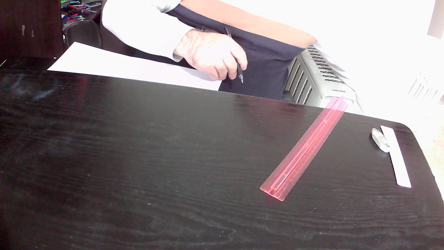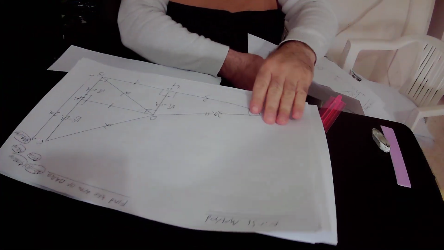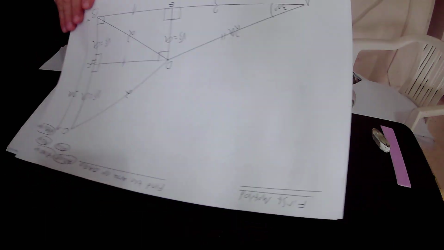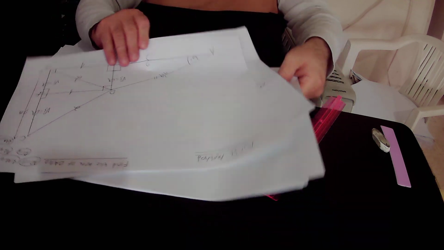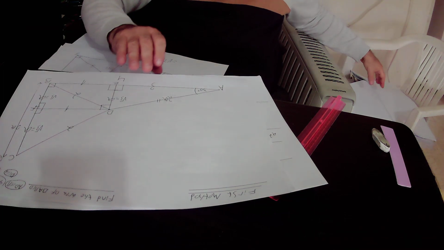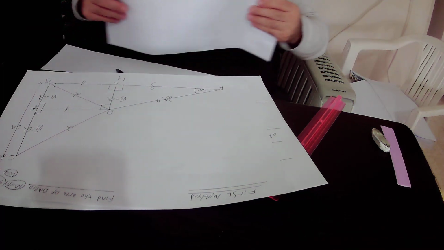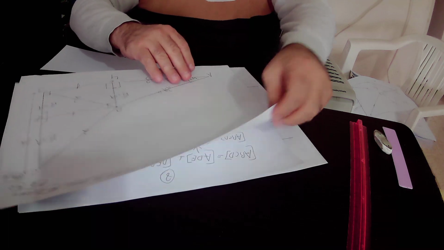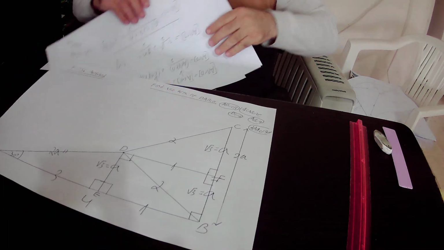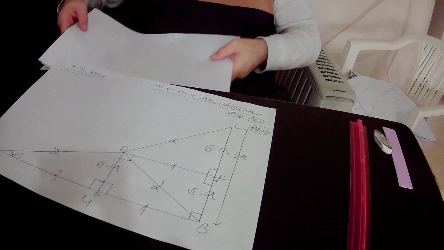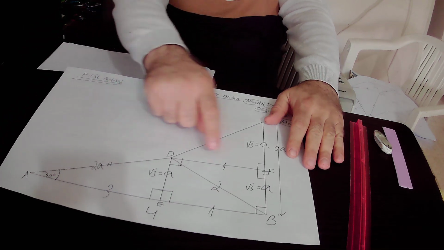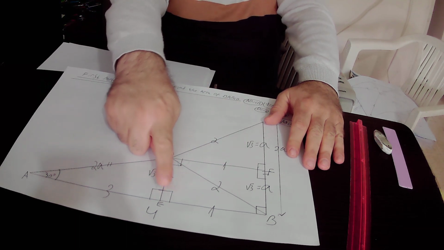In the first method, we make a construction from point D. We draw a perpendicular to AB, so this angle equals 90 degrees and this angle also equals 90 degrees.